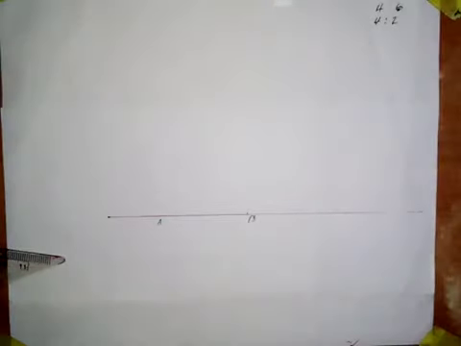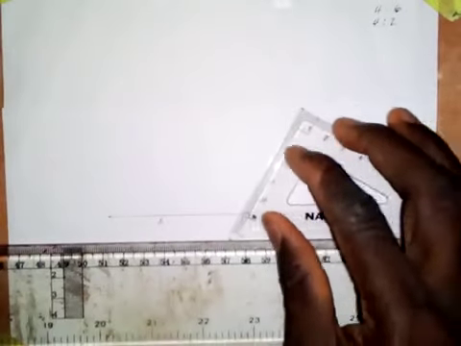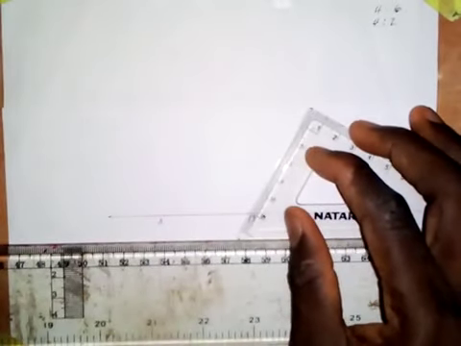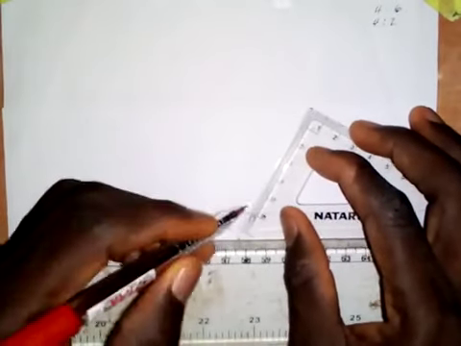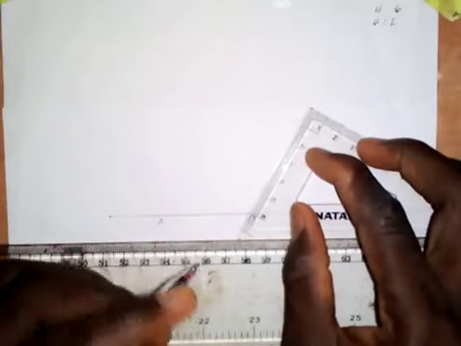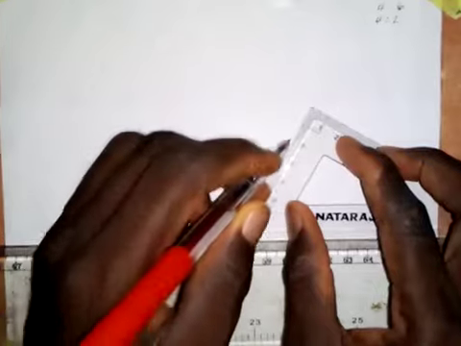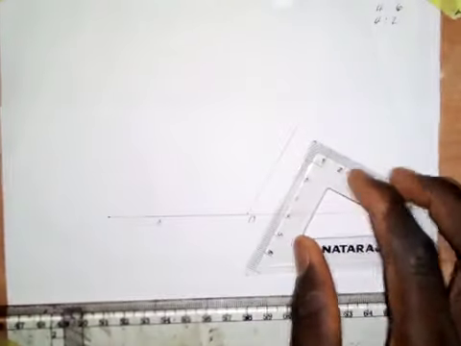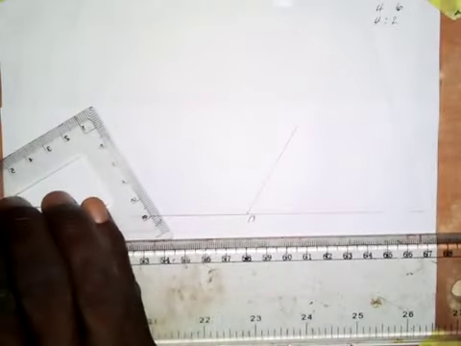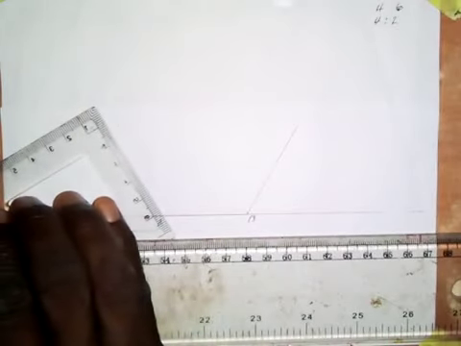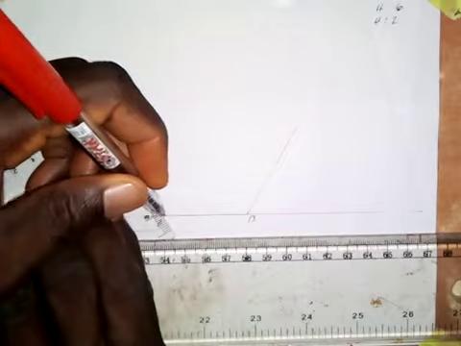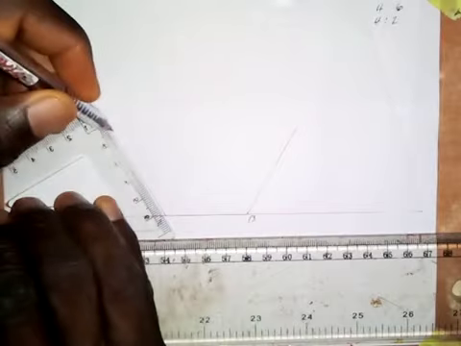The next thing that I'm going to do is to draw line BC. Let's say BC is 35 millimeters, inclined at an angle of 60 degrees to this horizontal line. I will draw a line like this, and then for AE, let's say the length is 40 millimeters, but I'll first of all draw a line in this direction.